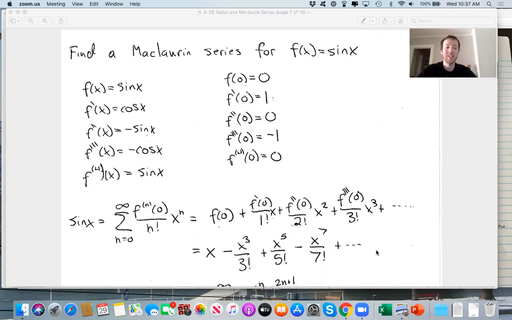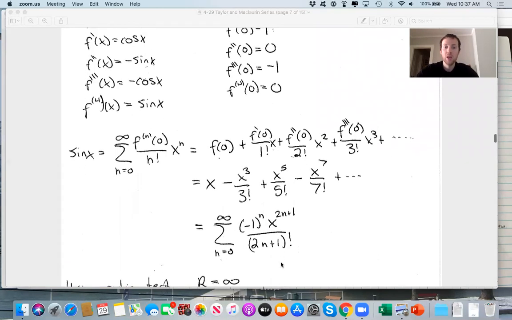And so the pattern we get doesn't have any even powers in it at all. It's alternating, with odd powers over the corresponding factorial. So writing this out, we have a series that alternates, starting with plus 1 and then minus 1. But we want to make sure that we only have odd powers. So we can say every odd number is 2 times something plus 1.